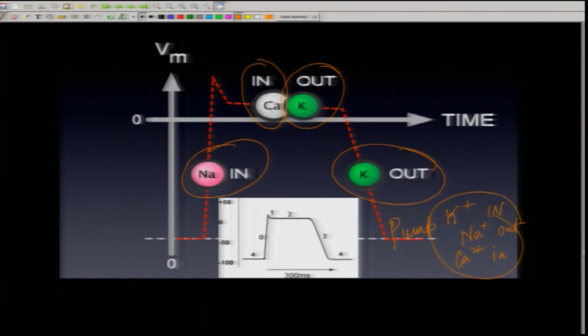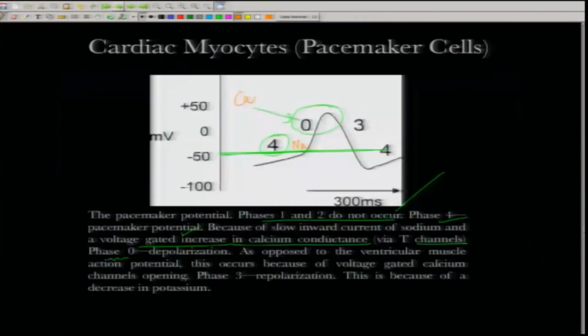Sorry, actually it should be out, because calcium out means it is going to the sarcoplasmic reticulum. I told you that in sarcoplasmic reticulum, the calcium is ejected out and it is being pulled back. And these are the different phases. You can compare these 0, 1, 2, 3, 4 phases. So, this is where the comparison comes into play.